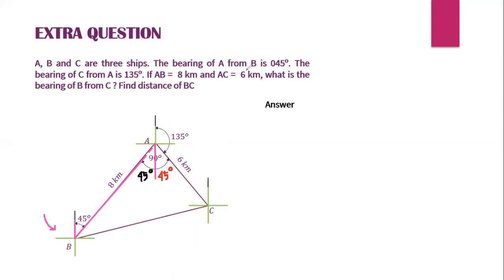So the total of this bearing is 135, which means we write 135 minus 90. So here is 45 degrees. 135 minus 90 degrees is 45 degrees, right? We got it.